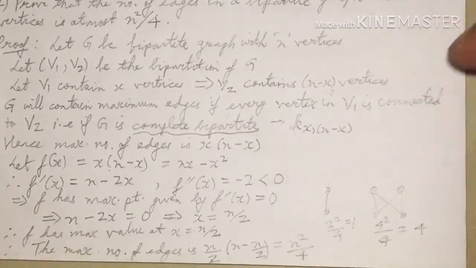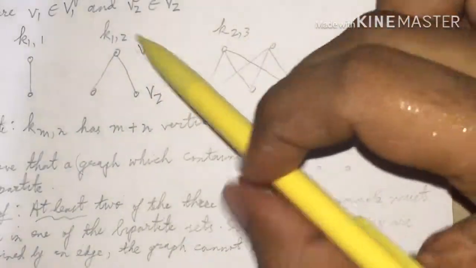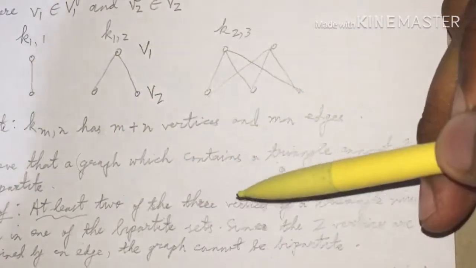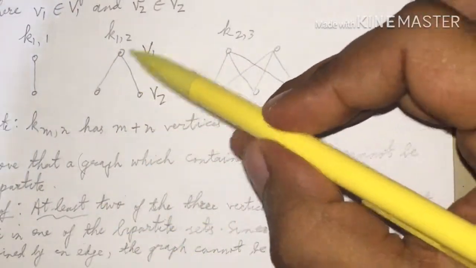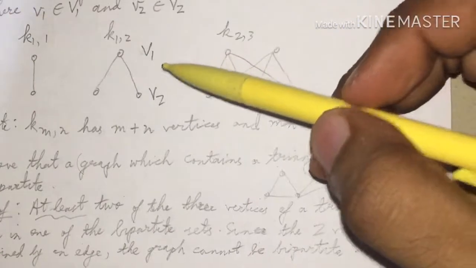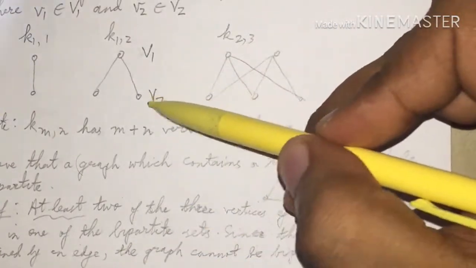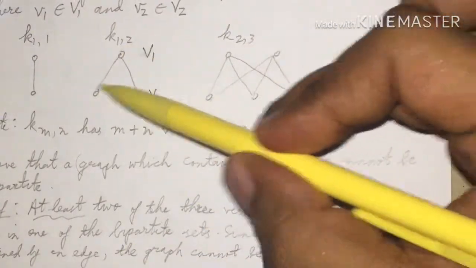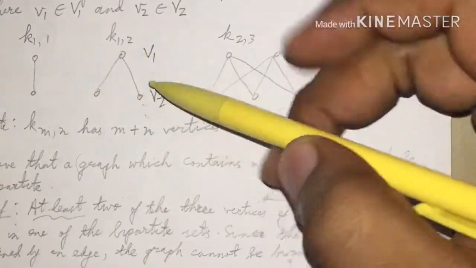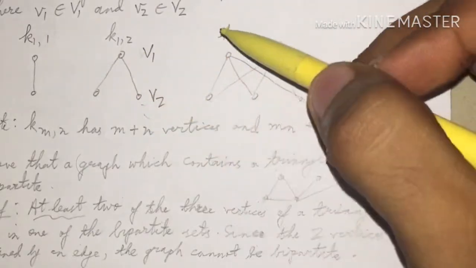If we have an odd number of vertices, as in this example, even though we apply the formula n square by 4, it means at most. So if we consider 3 square by 4, which is nothing but 9 by 4, but it's a fraction.